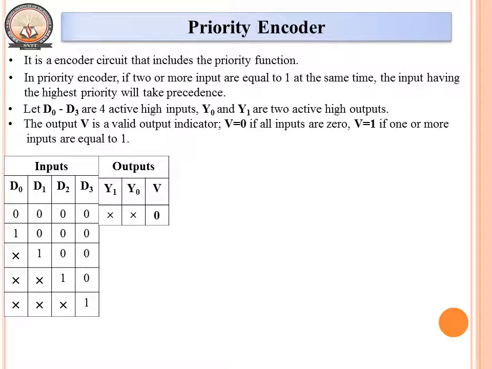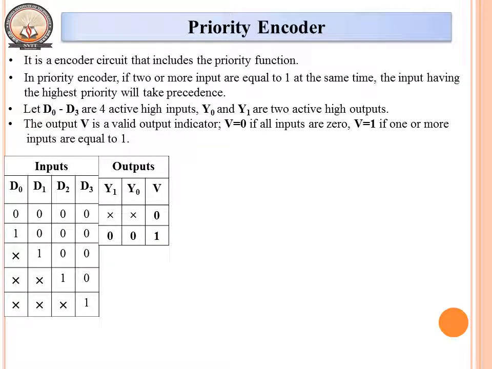For the second input combination, you can see we have activated D0. The equivalent of 0 in binary is 0 0, so my output will be 0 0 1. The 0 0 is with respect to the input selected, that is D0, and I am getting V as 1 because one input is now activated.